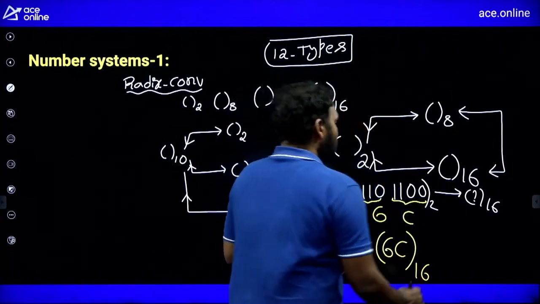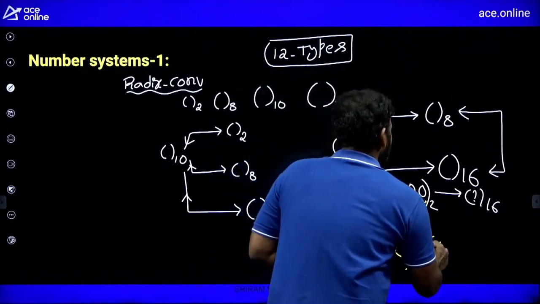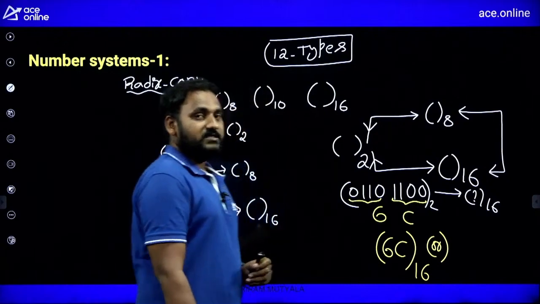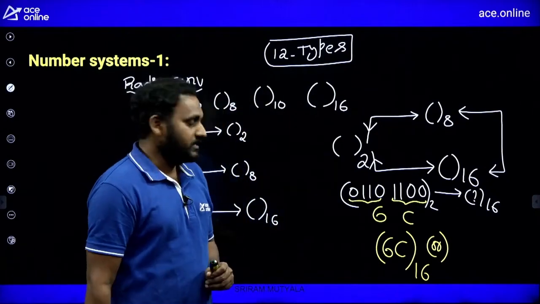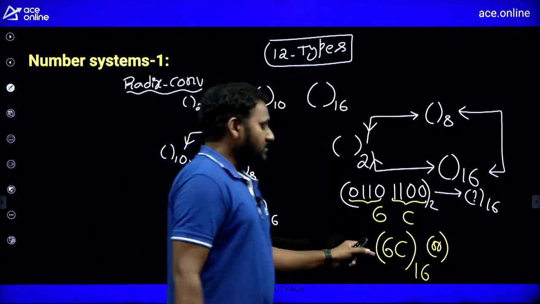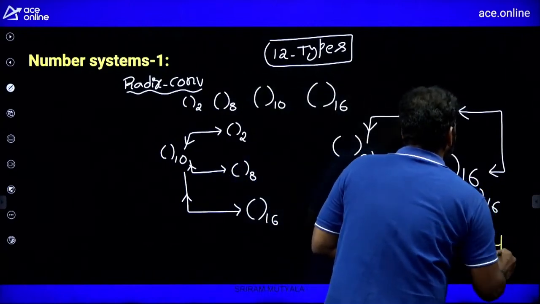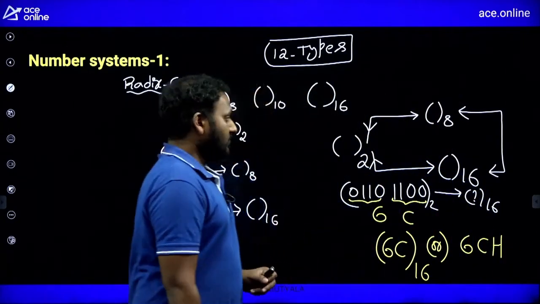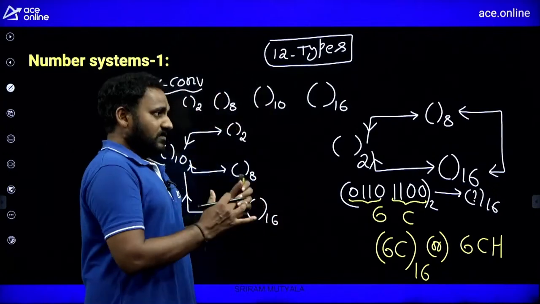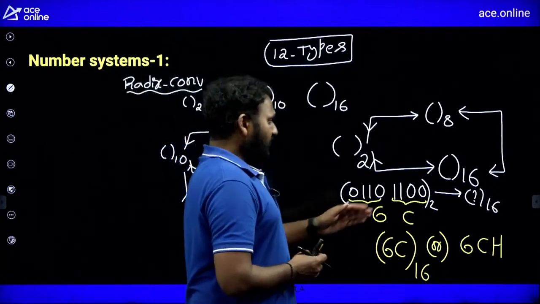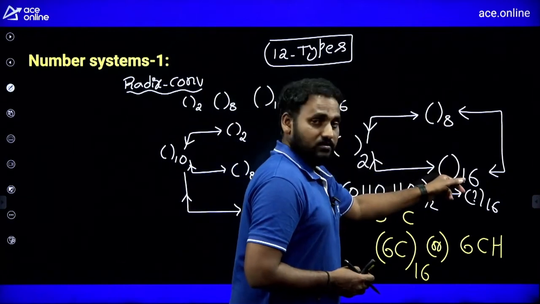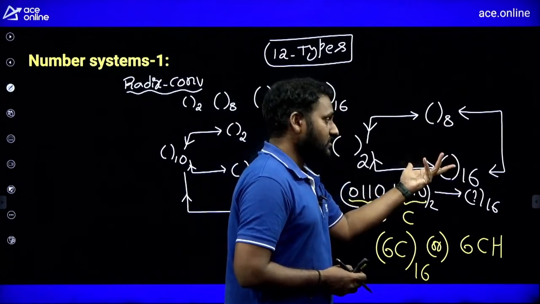Of course, you can also write it as per the microprocessor subject or programming language convention. 6C base 16 can also be written as 6CH. H represents a hexadecimal number. Sir, for example, if I want to convert octal to hexa, it is the same procedure.